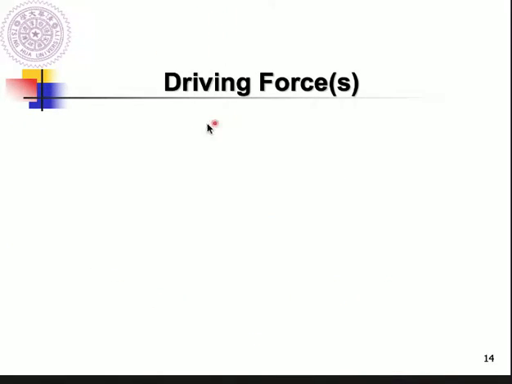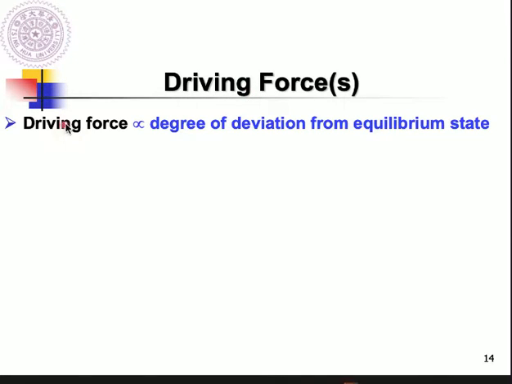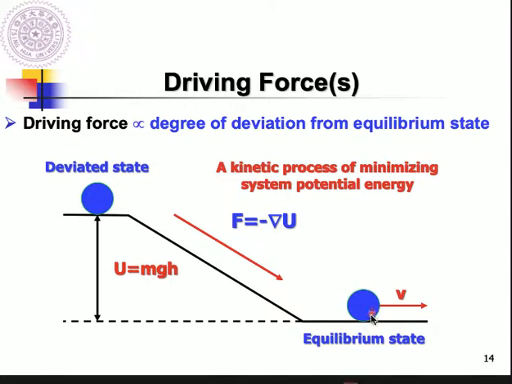And the next slide is going to talk more about the driving force. As we know, the driving force is proportional to the degree of deviation from the equilibrium state. So let's take this as an example. If we have a blue ball and you put it on the base floor, then you can consider that if we don't touch it, this blue ball is at the equilibrium state.